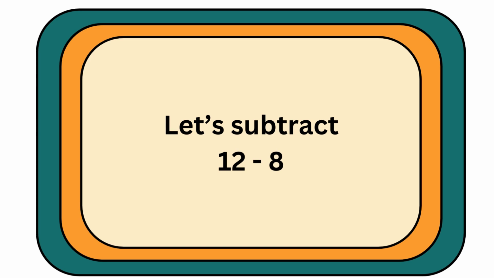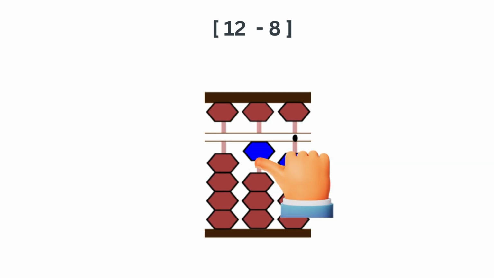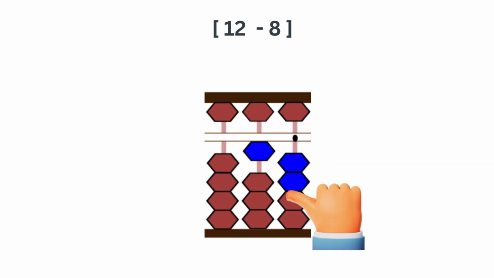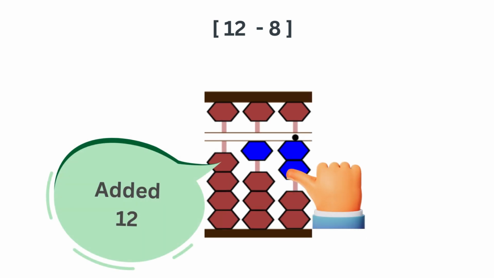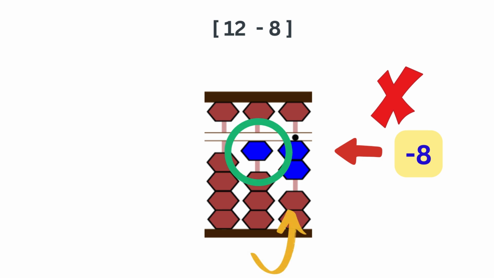Let's subtract 12 minus 8 on the abacus. First, we add 12 starting from the higher place value, which is 10. When we try to subtract 8, we find that there aren't enough beads in the ones column to do so. In this case, we need to borrow 10 from the tens column.